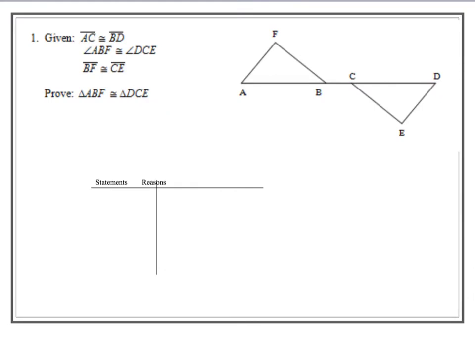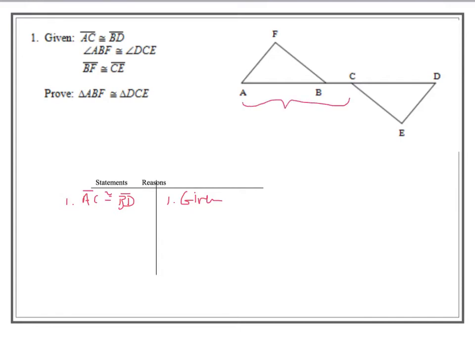So now we're ready to do some examples. You still have to remember your Chapter 2 theorems if you want to have success in Chapter 3. So let's start from the beginning. Step 1. Line segment AC is congruent to line segment BD is given. This is where our tick marks are going to start to be so important for us.